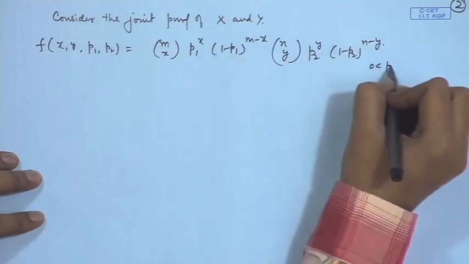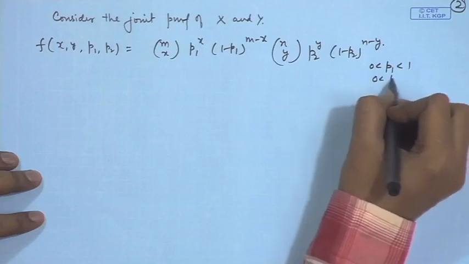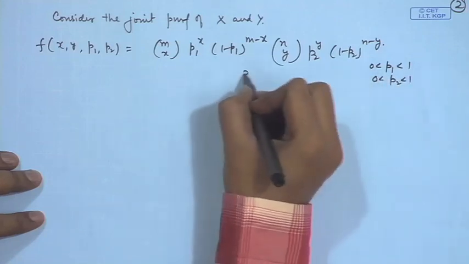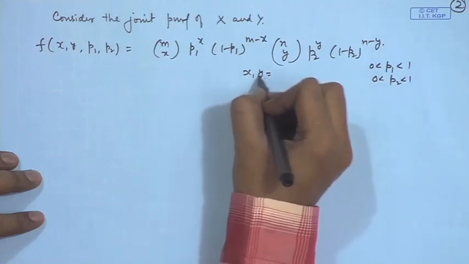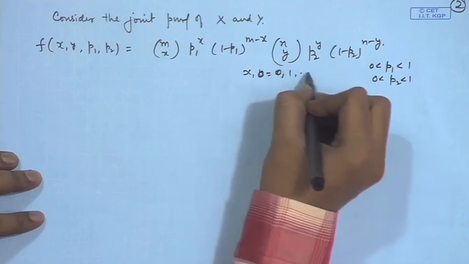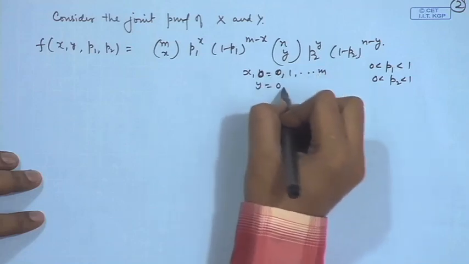Here p 1, p 2 both lie between 0 and 1, and x is from 0, 1 to m and y is equal to 0, 1 to n.